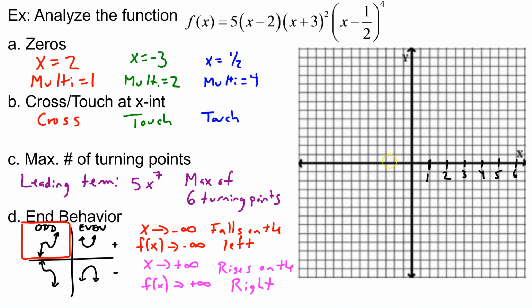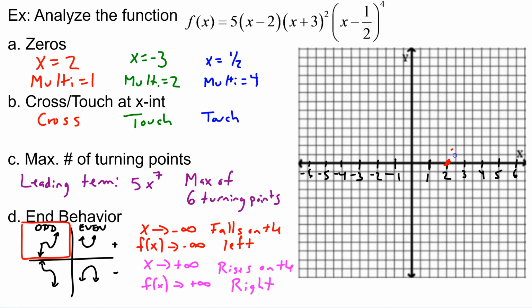And that's fairly common, that when our values of x get large, so do the y values. And so we don't really need very large values of x typically to capture the key aspects of behavior. So let's graph those x-intercepts to start. So I have x equals 2. And we know that's going to be cross behavior.